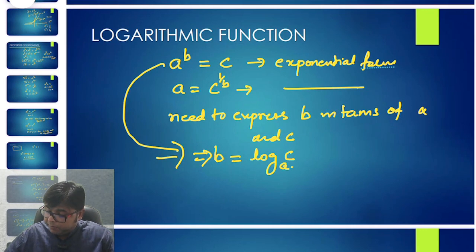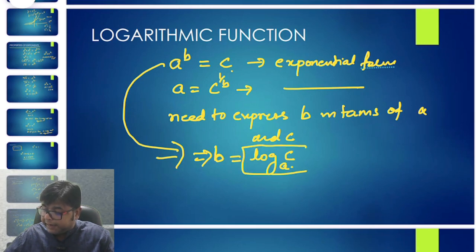The power will be here. I'll take log of c and I'll put the base of the exponent as the base of the log. Now this is a single entity. There is a number whose log I am taking and a particular base in which I am taking it. So I read this as log of c in base a.